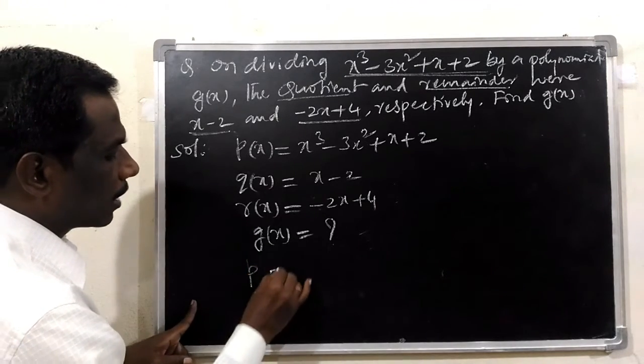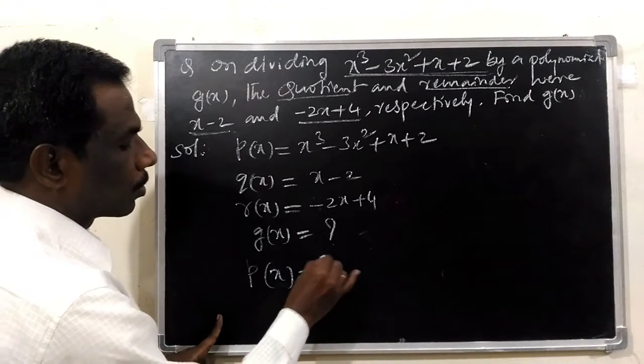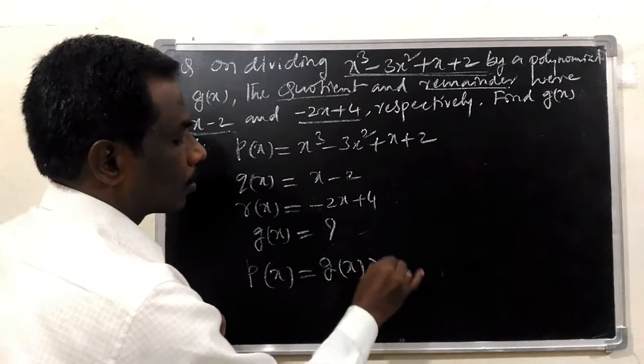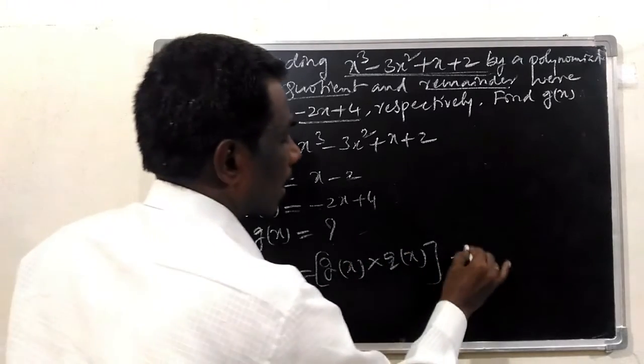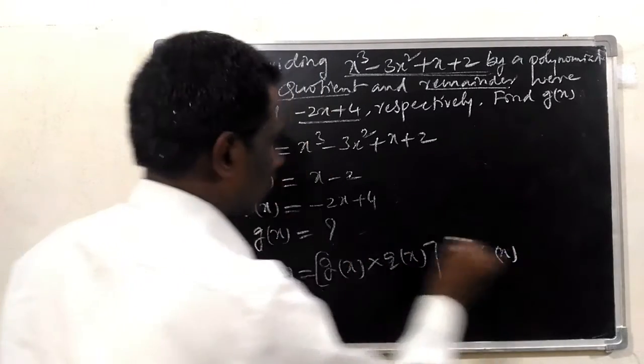The division algorithm is p of x equals g of x into q of x plus r of x.